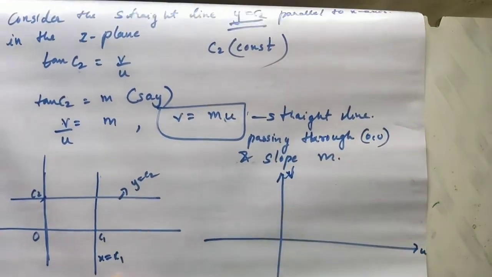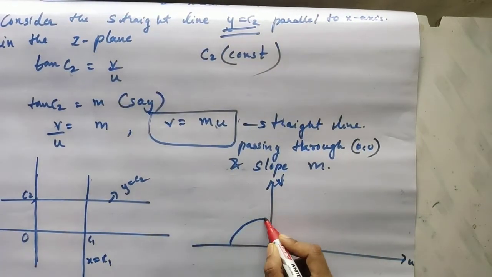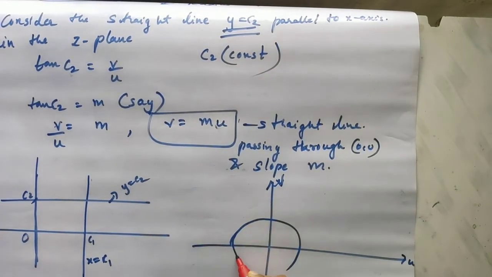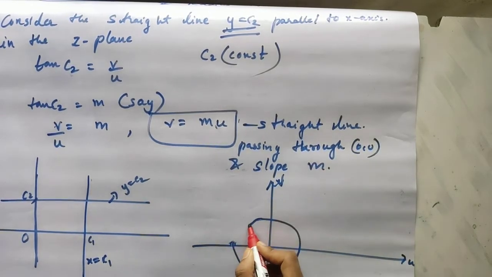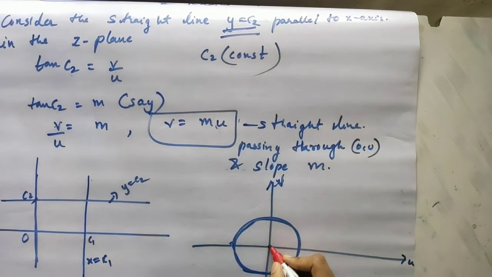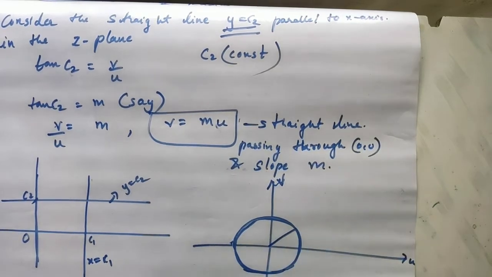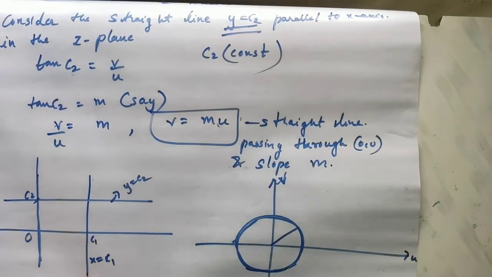Okay, so for x is equal to C1, we got a circle with center as the origin and radius r units. So I'll draw a circle now. So this is the image of the line x is equal to C1 under the given transformation. Okay, center is the origin and radius, this is r. Okay, similarly, let us draw the image of the line.